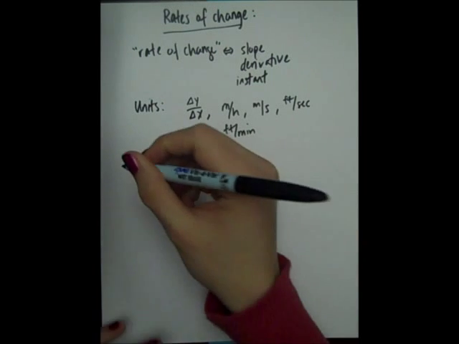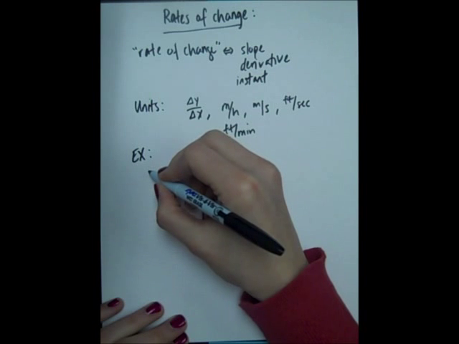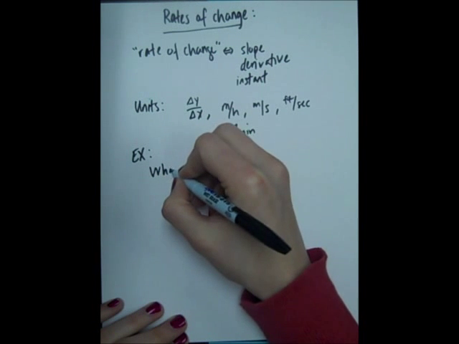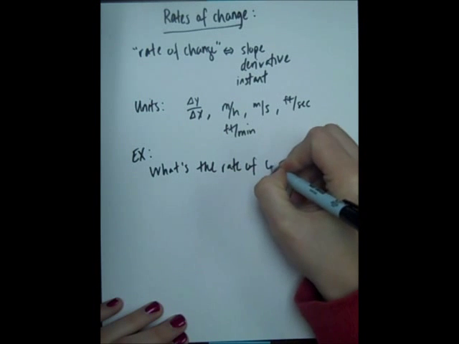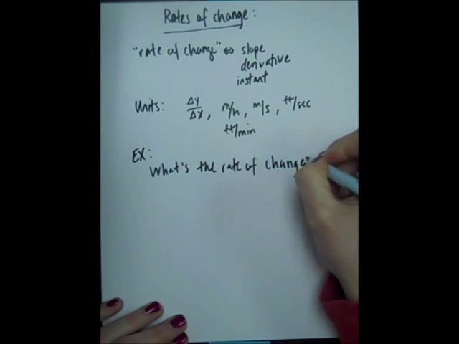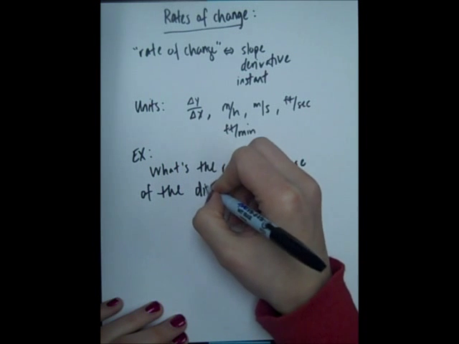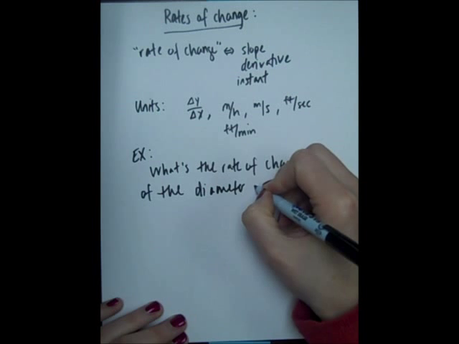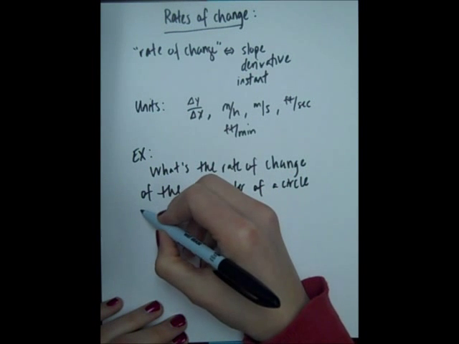So let's do some examples of what we're talking about here. Example 1, let's do what's the rate of change of the diameter of a circle with respect to the radius.